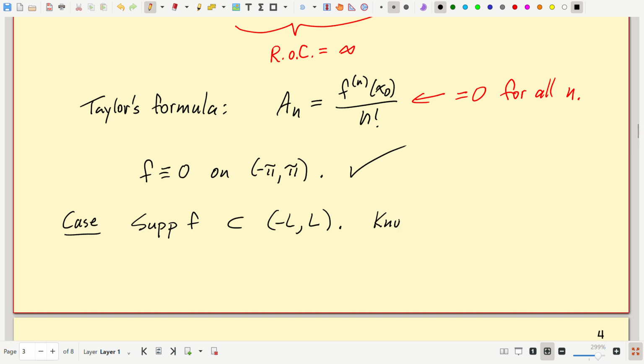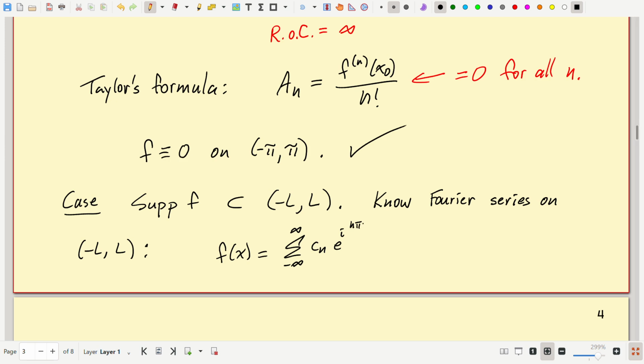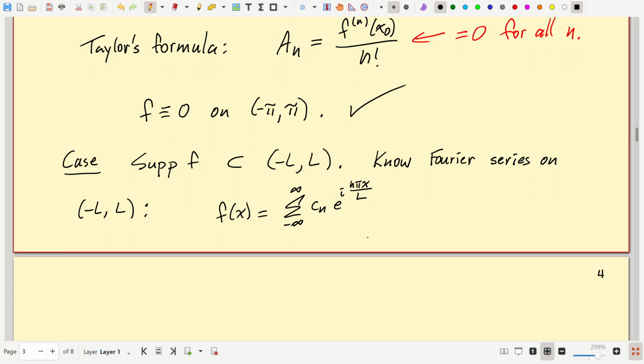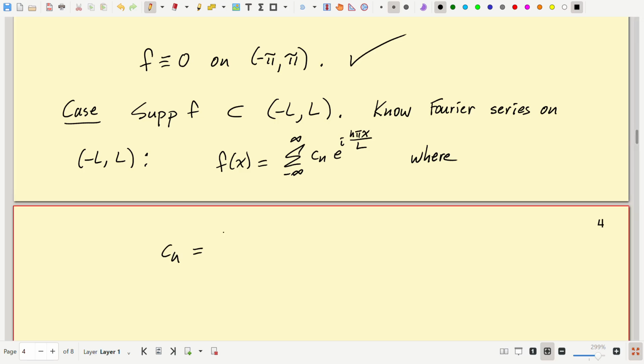So we know the Fourier series on minus L to L: f of x would be a sum from minus infinity to infinity of Cn e to the i n pi x over L. Remember those coefficients: Cn would be 1 over 2L times the integral from minus L to L of f of x e to the minus i n pi x over L dx.